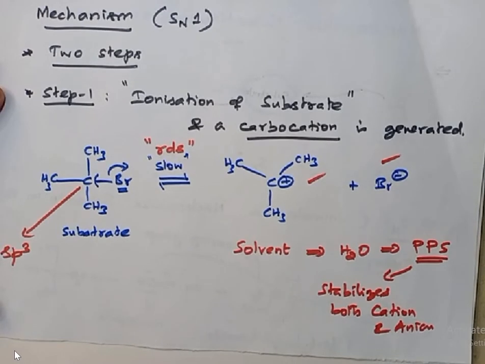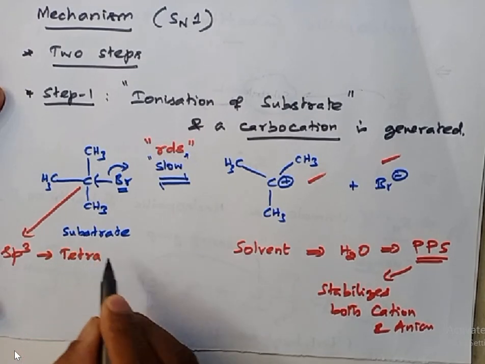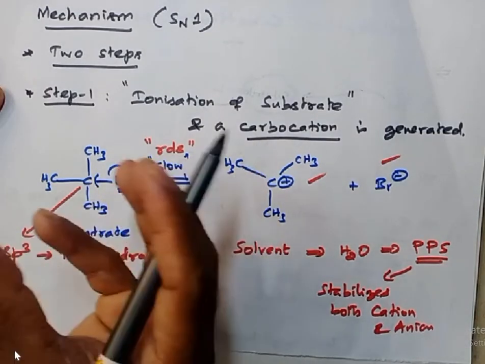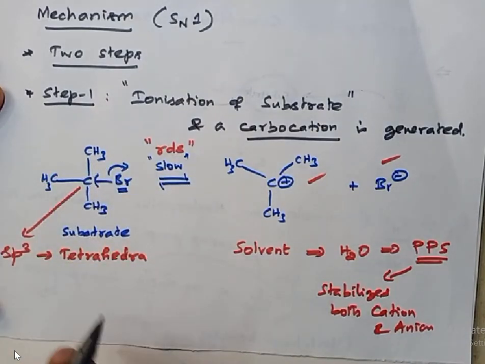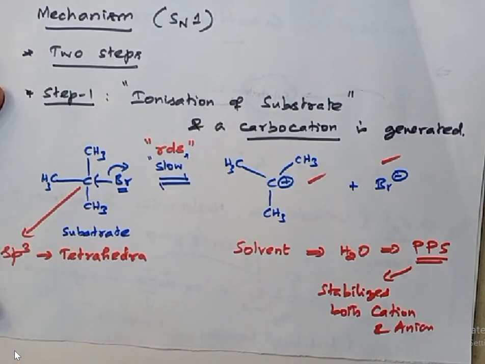If a carbon has 4 single bonds, its hybridization should be sp3. sp3 means the structure should be tetrahedral. So around this carbon, all these 4 groups are arranged in a tetrahedral manner. Tetrahedral.